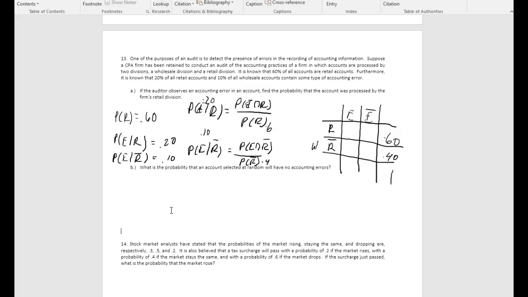So we cross multiply. On the top one we multiply the probability of R to both sides, and we get 0.2 times 0.6, which is the intersection of E and R. 0.2 times 0.6 is 0.12.